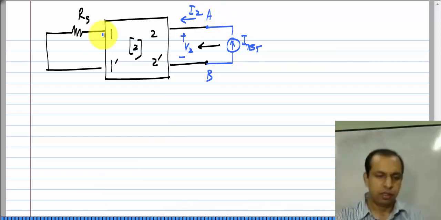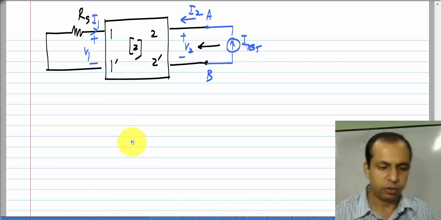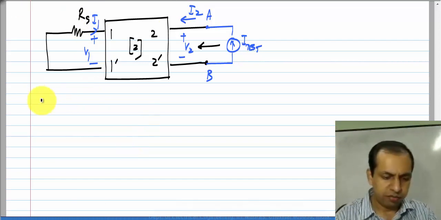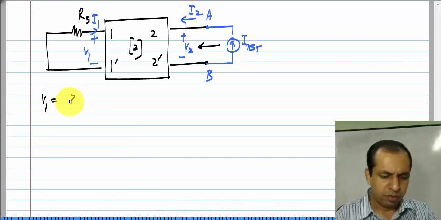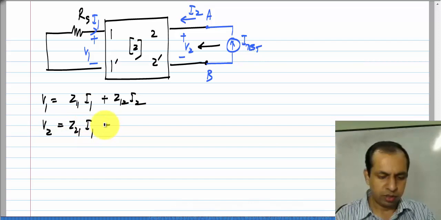Okay. I also have this V1 and I1 over there. Now, again we have V1 is Z11 I1 plus Z12 I2 and V2 is Z21 I1 plus Z22 I2.